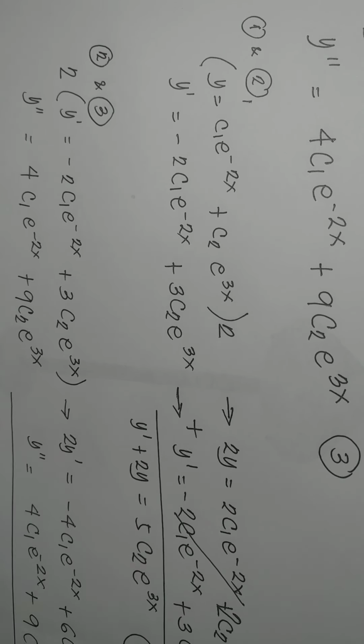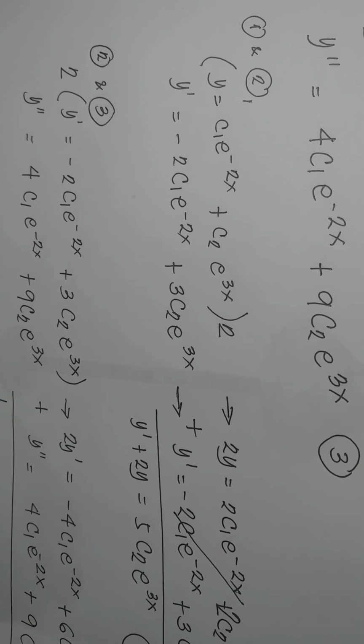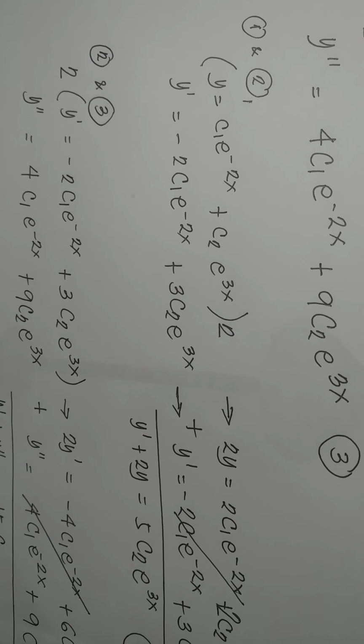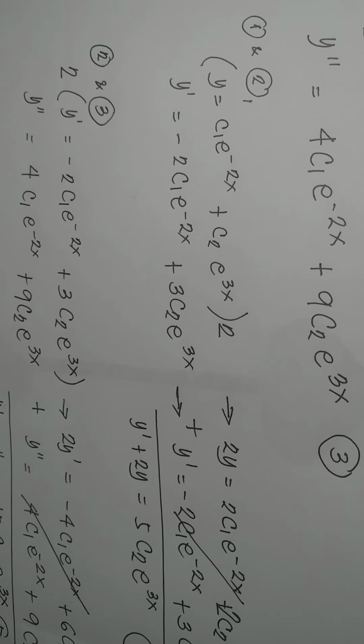Then again, add. So we have 2y prime plus y double prime equal to, this cancels out, 15 c sub 2 e to the 3x. Call this equation 5.